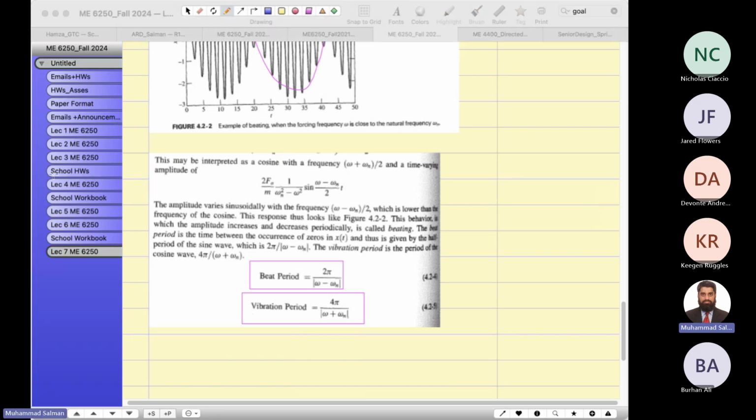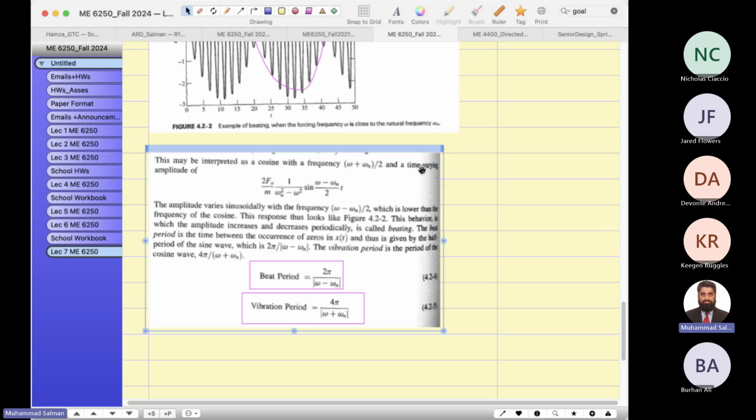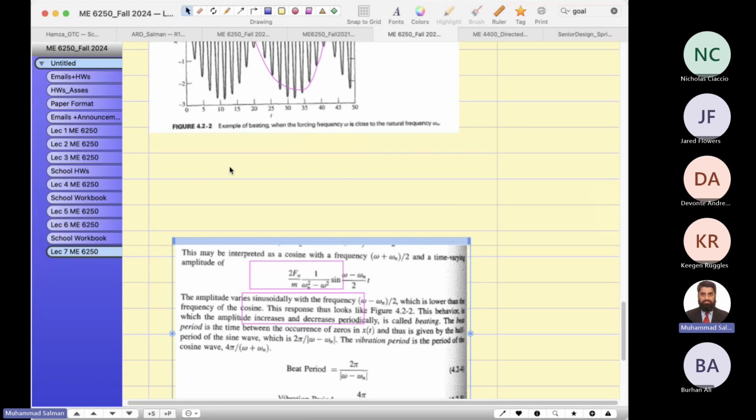So if I write down the complete equation for the displacement, I did not add this one, so I want to add another equation here.